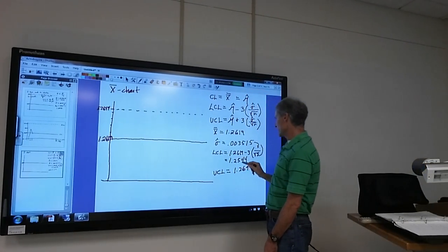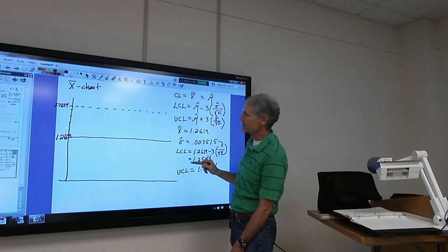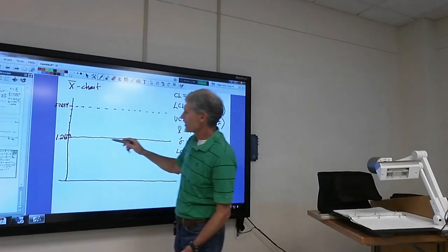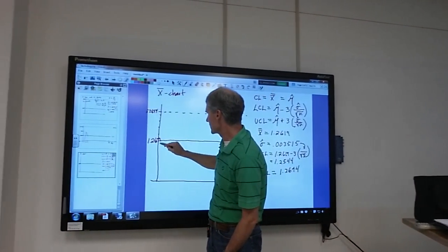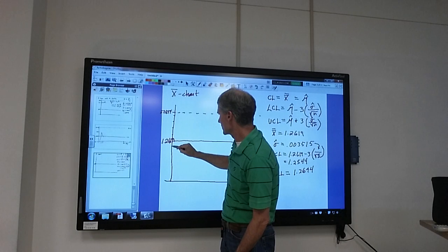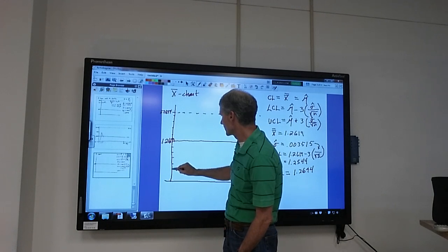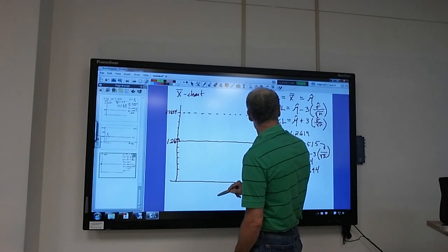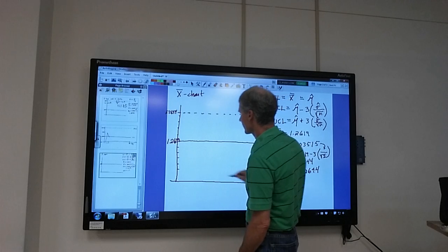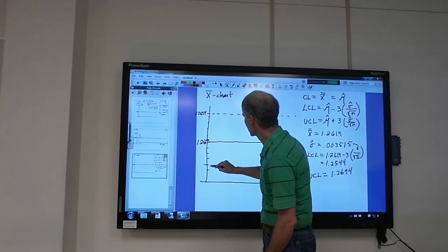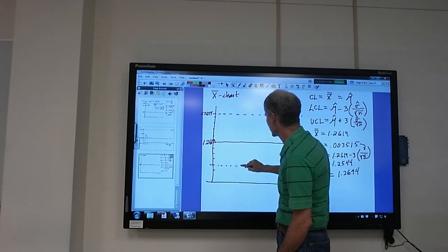And then the lower limit is at 1.25. So if I go, let's see, that's 262, 260, 258, 256, 254. It's 254, so it'll be right there. It should be symmetric.